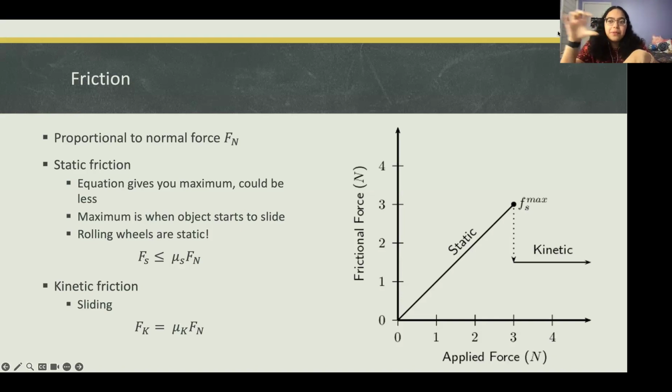Only when you break the static friction and the object starts to slide have you reached the maximum. The maximum on this graph, for example, is 3 Newtons. So it'll just equal your applied force until you hit that maximum. That maximum is what's equal to mu s Fn if you're to solve the equation. Once you apply more than 3 Newtons, you've broken the static friction that's holding the object to the ground, and it'll start sliding.